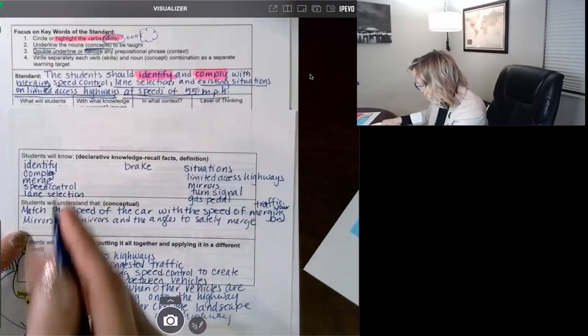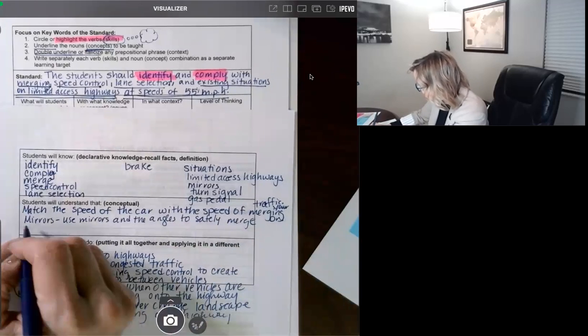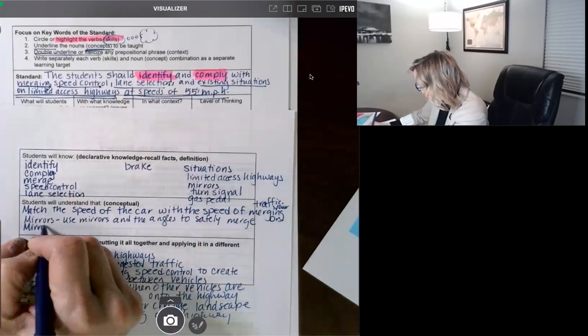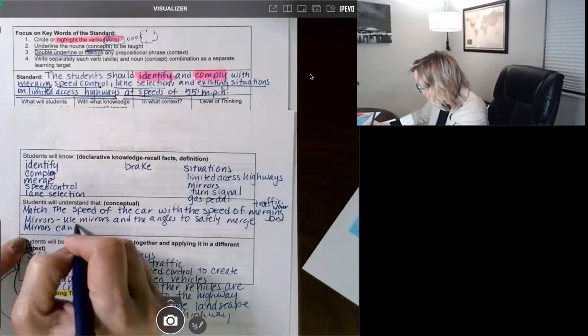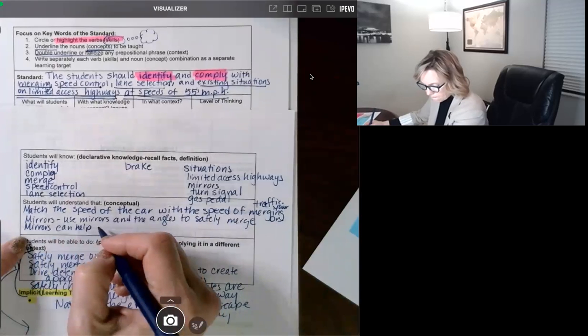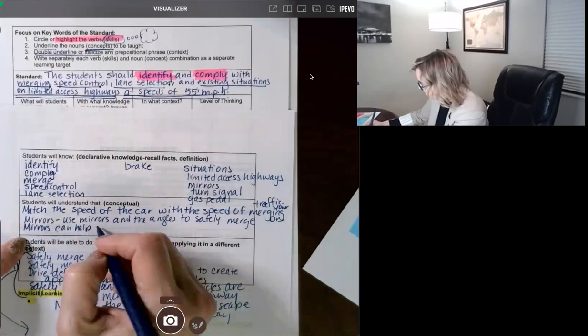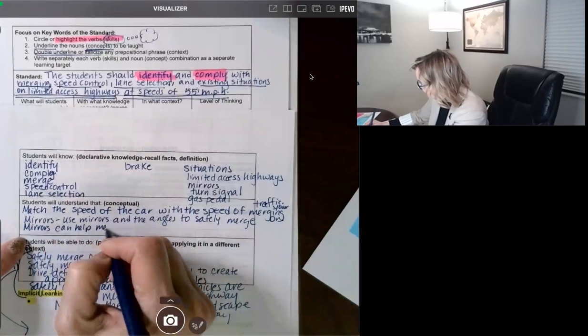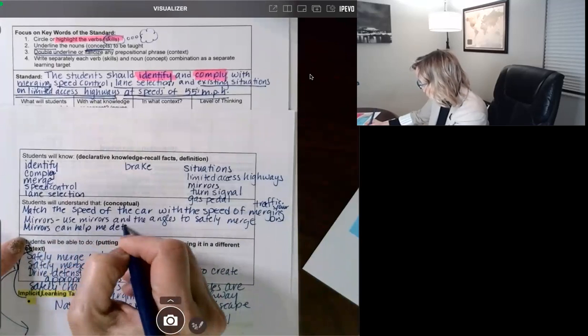Also, mirrors can help me determine my lane selection.